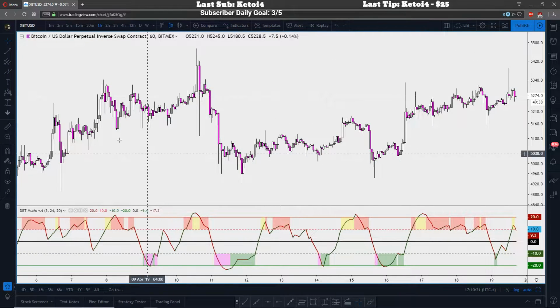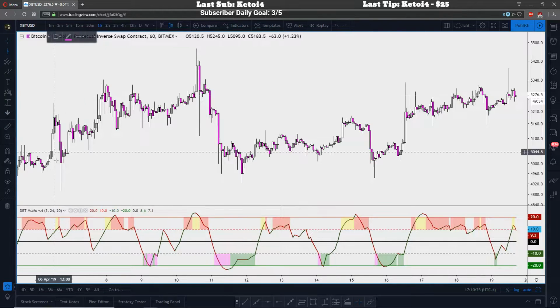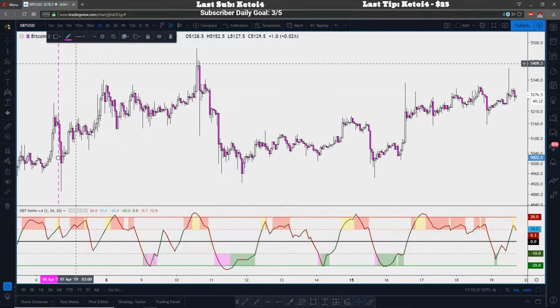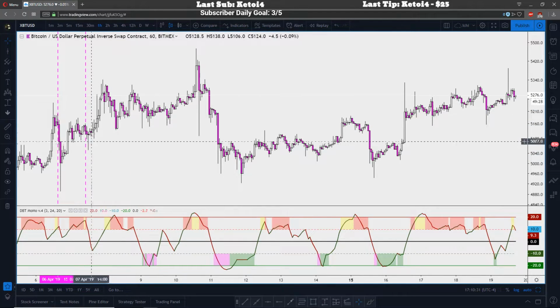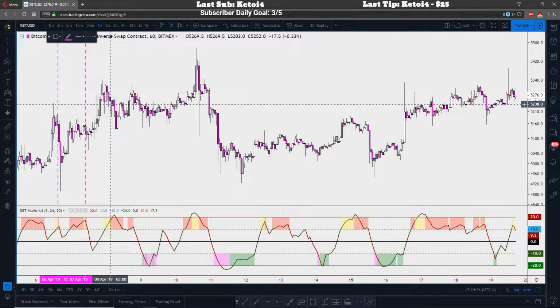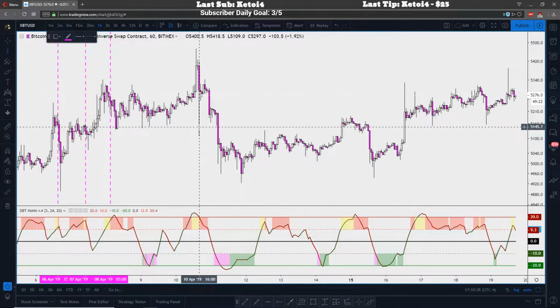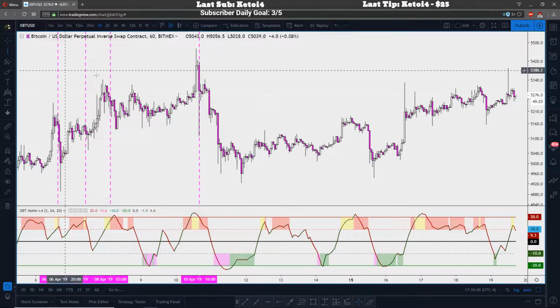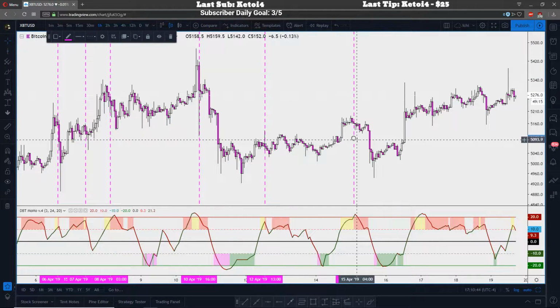So if we look at the last few gold signals, you can see you had one here. You had one here, which was a little bit of a fake out. You had one here. You had one up here. You had one here. Here.